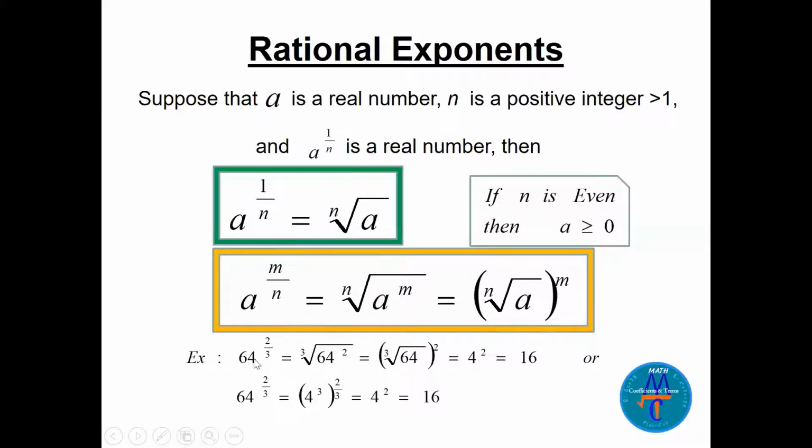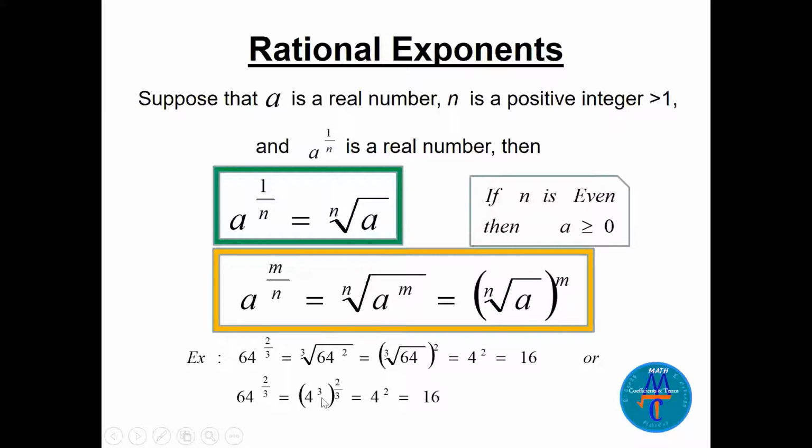First method, I use this formula here: cube root of 64 squared. I can take this squared outside as I did here in the power m. Cube root of 64 is 4, because 64 is 4 times 4 times 4. So this is 4 squared. 4 squared is 16.